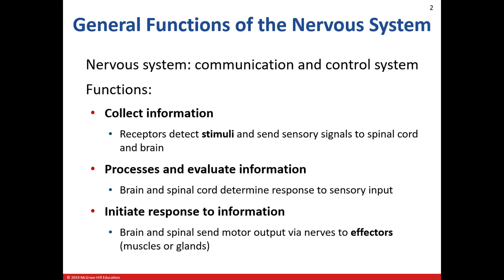We then have to take that information and send it back out to the rest of the body. And so we then initiate a response to the information that we received and processed. This sends information out to the effectors, and our effectors can be our muscles or our glands, or really any other tissue that is going to perform a particular response.